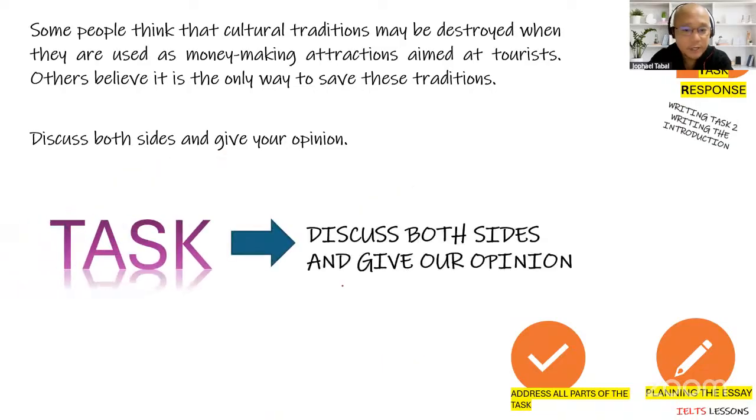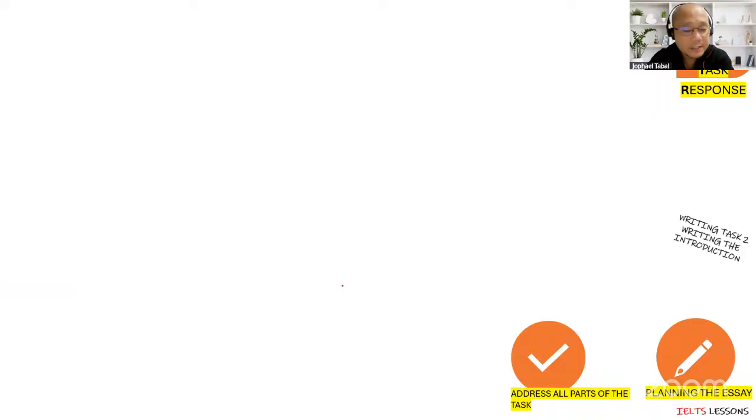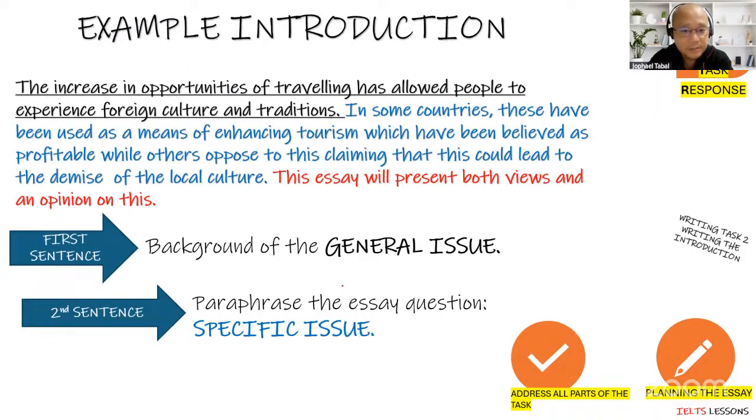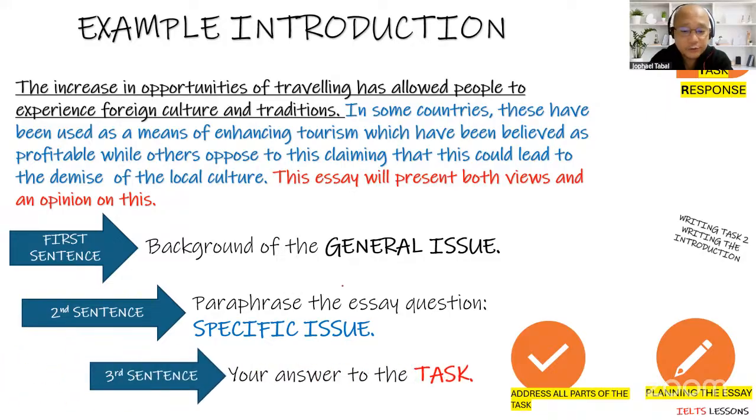Now, the reason why they need to understand the general issue and the specific issue is because they need to give a background of the general issue first. So give a short background of the general issue and then paraphrase the essay question with the specific issue. After that, one should present their answer.